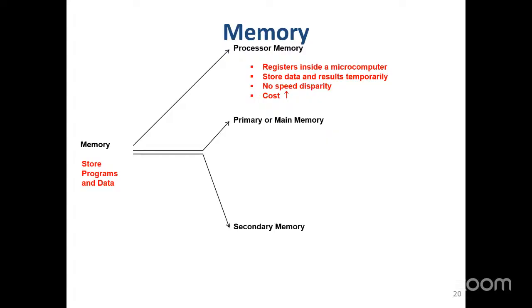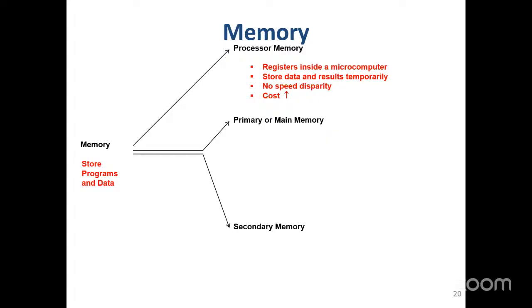Processor memory means all the registers of the 8086 microprocessor, that is the accumulator, the base register BX, CX, DX, and all the segment registers. These registers inside the microprocessor store data and results temporarily.